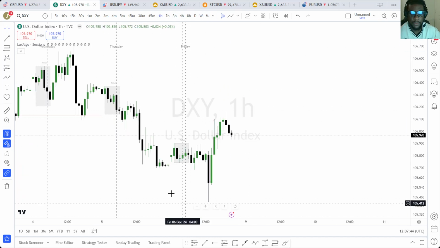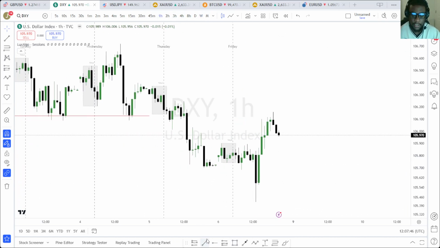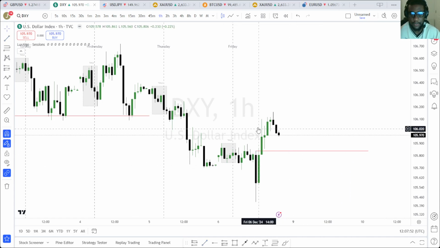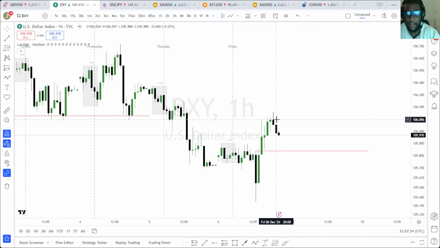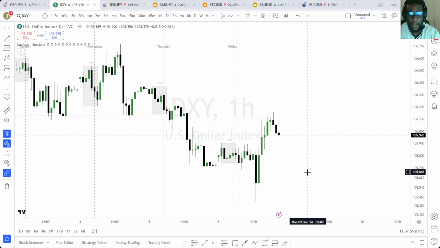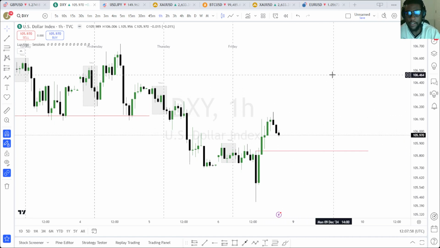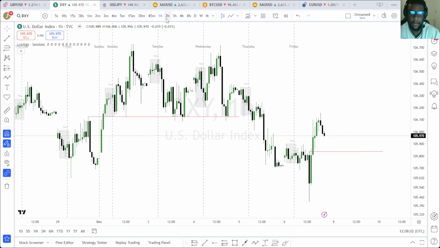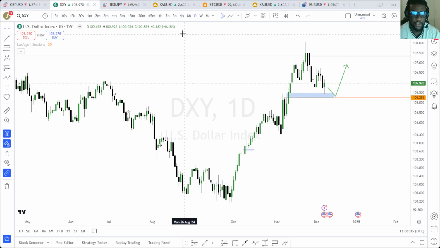If we come to the 1 hour time frame, I want to see market hold this hourly candle. I don't really want to see us push beneath this area. I reckon, and I'm anticipating to start the week, we may get a bit of a push down lower, and then as the week continues, we may get that slow progressive move to the upside. So that's the play for the dollar. Eventually looking for some strength on the dollar for the rest of the week.